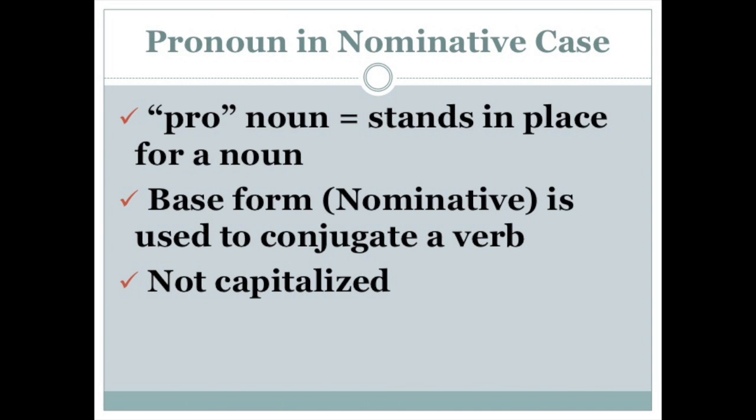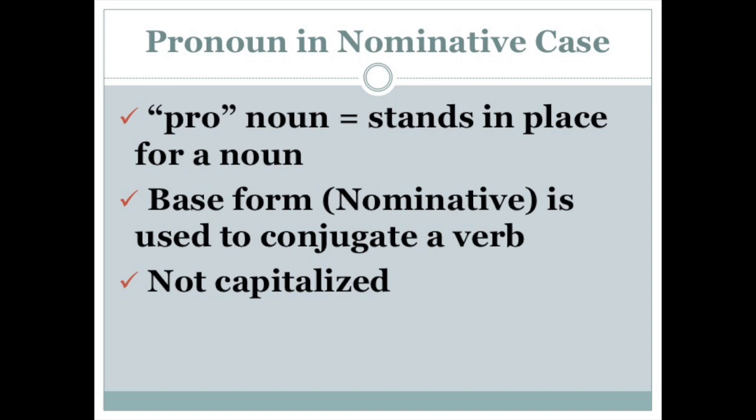Brings us to pronouns, or die Pronomen in German. A pronoun stands in place for a noun. So instead of the actual words, der Hund or der Mann, we have a smaller word that replaces that. First, you want to learn the nominative case pronouns. They're very important because we use them to conjugate a verb, which I'm also discussing in a separate episode. You want to really memorize the chart, which I'll show in a second.